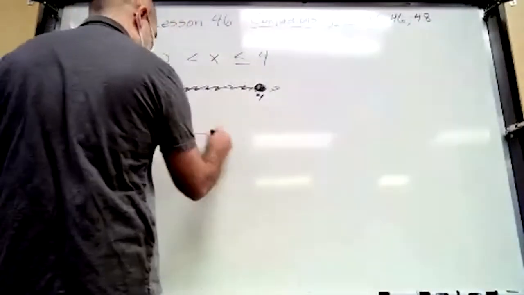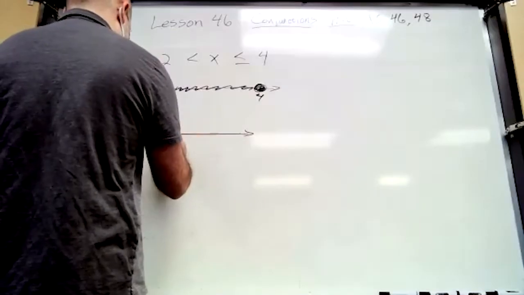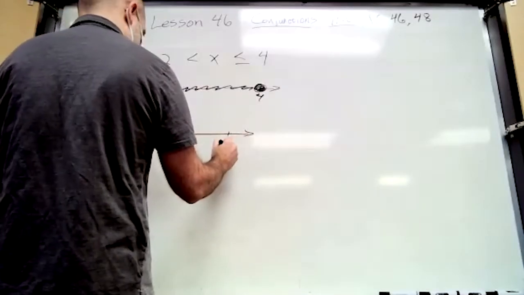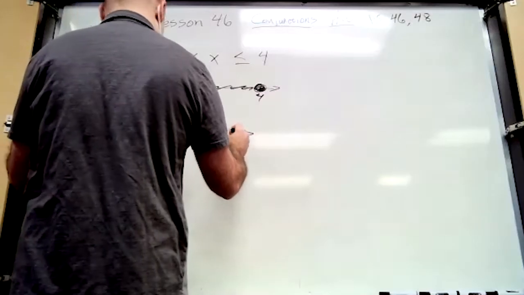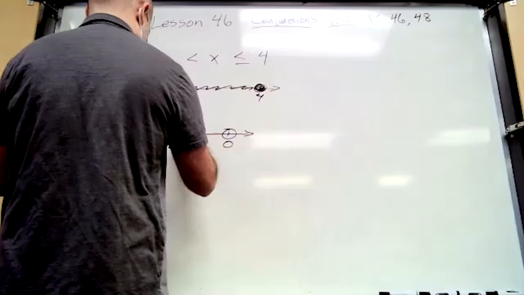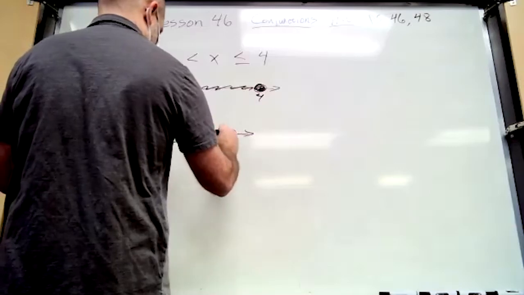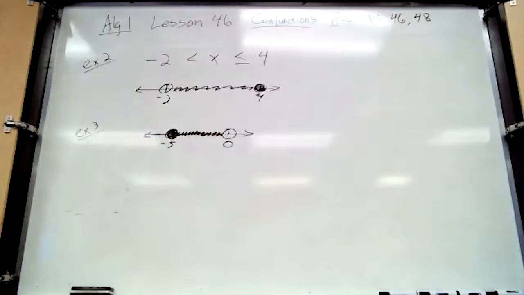All right, let's see if you can write an inequality or a compound inequality for this. Okay, see if you can write it, yeah? I got -5 is smaller than x, which is smaller than 0.